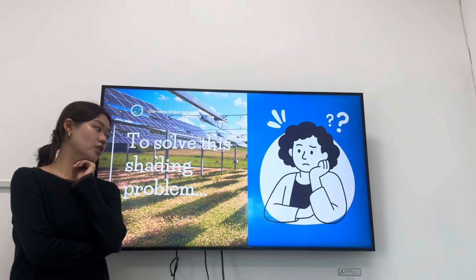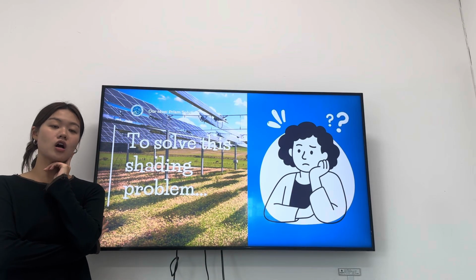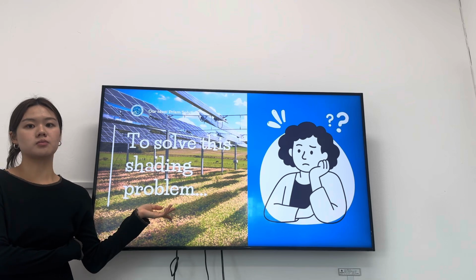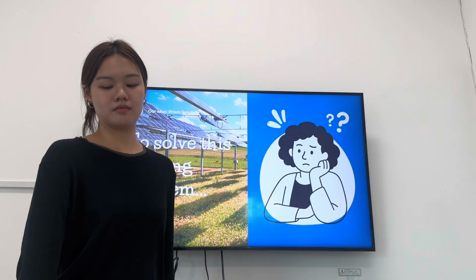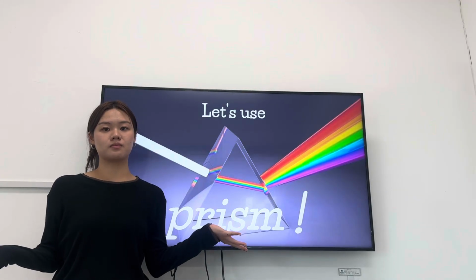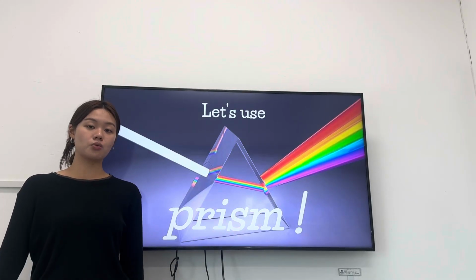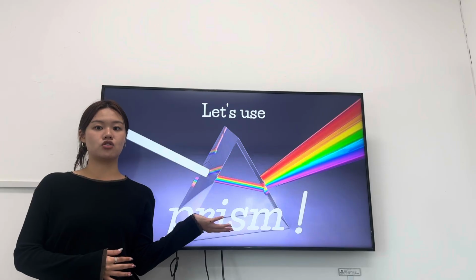So our team started thinking hard to solve this shading problem, and then we came up with an idea. Let's use prisms. By using prisms, we can refract the light into the shaded area.